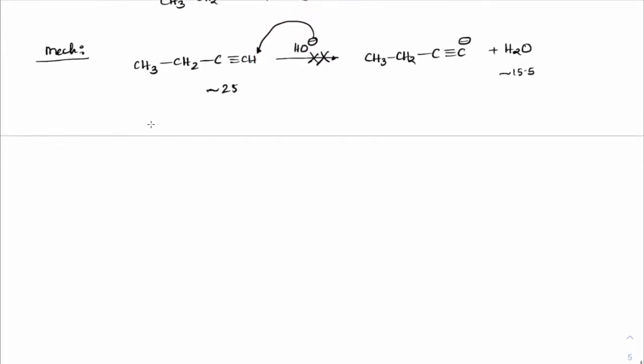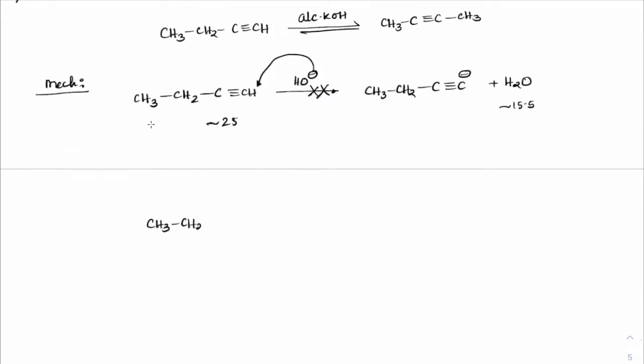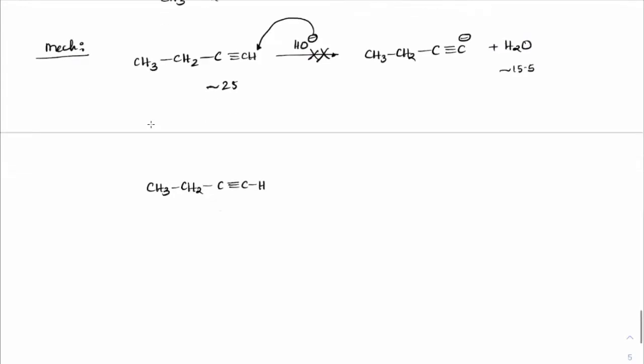Got it. Instead, what we can do: we have CH3, CH2, C triple bond, CH. This is how it is. Now this H which is present on this second carbon, this OH minus will extract the proton from here and we'll get the carbanion on that second carbon.